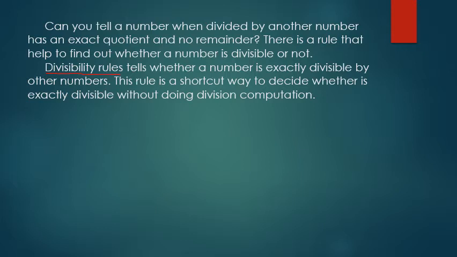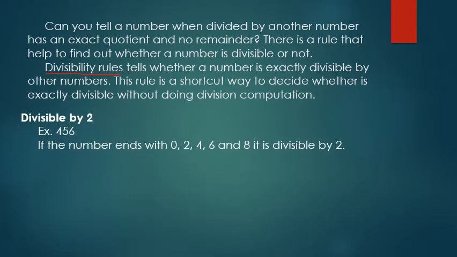It tells whether a number is exactly divisible by other numbers, walang remainder. This rule is a shortcut way to decide whether a number is exactly divisible without doing division computation. Ang divisibility rules ay nakakatulong sa atin para hindi na tayo mag-divide, para malaman natin kung pwede bang i-divide yung isang number doon sa isa pang number.